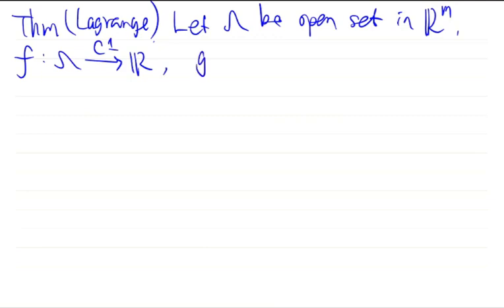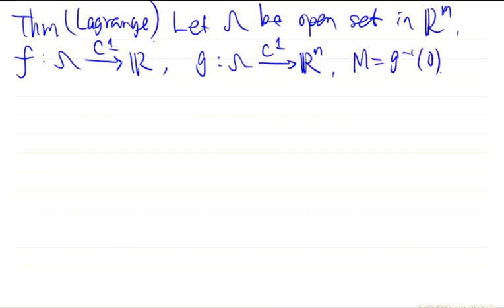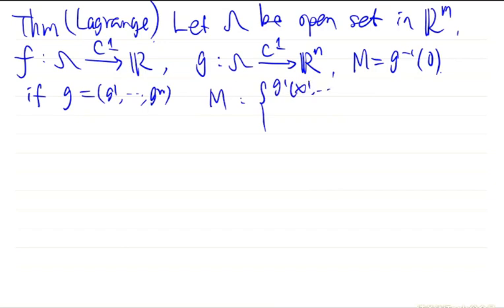G is also a function defined on omega, but it is a vector valued function into R^n, and M is the zero set of G. If the components of G are G1 to Gn, then M is precisely the set of x in R^m with G1(x1,...,xm) = 0, ..., Gn(x1,...,xm) = 0.